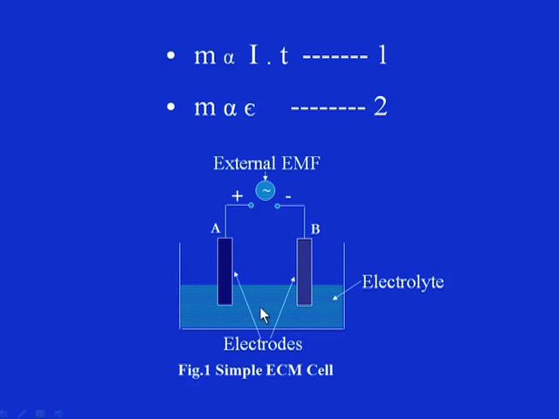This is a simple cell where this is the electrolyte and these two, A and B, are the two electrodes, and they are connected through some wiring to a voltage source. Then the current will pass through this and the electrochemical action will start here, dissolution of the material will take place, and this dynamics, or the chemical reactions, will be governed by these two Faraday's laws.